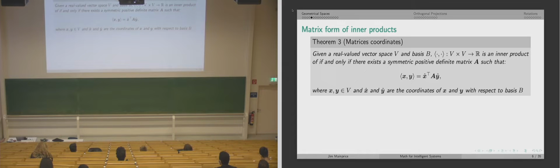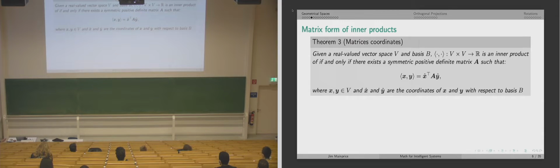So first thing, I said that the properties of the inner product, which is that it's bilinear, symmetric, and positive definite, would end up constraining the types of matrices that are going to represent our inner product.